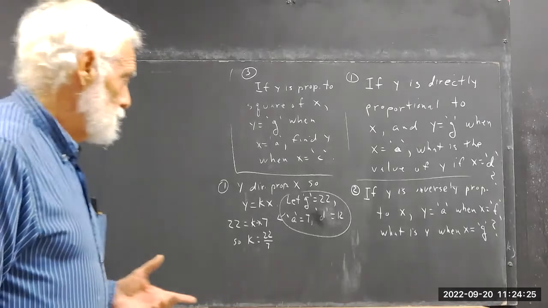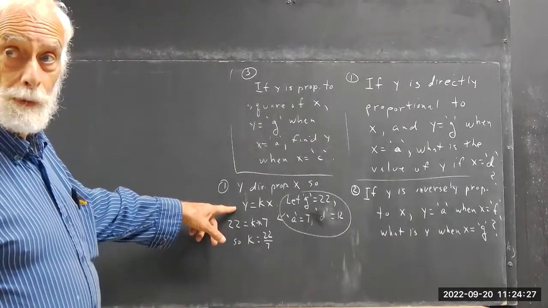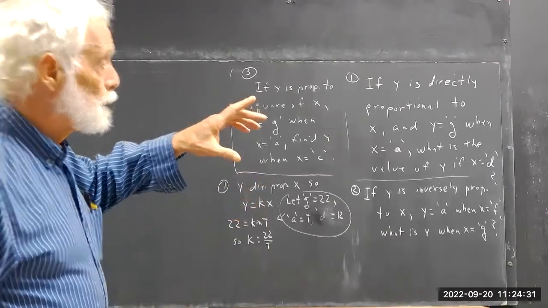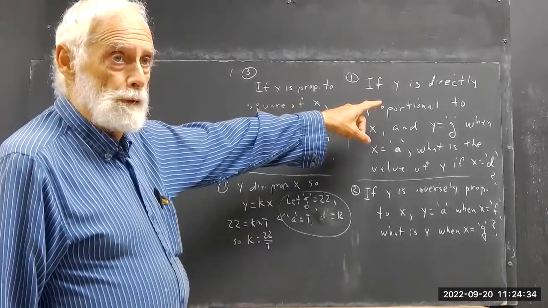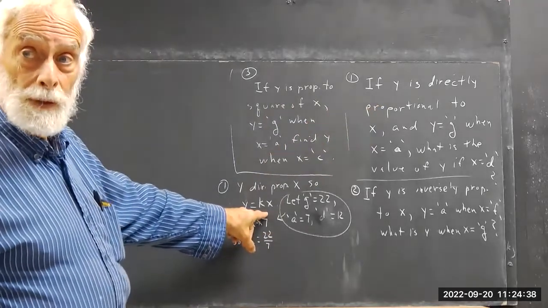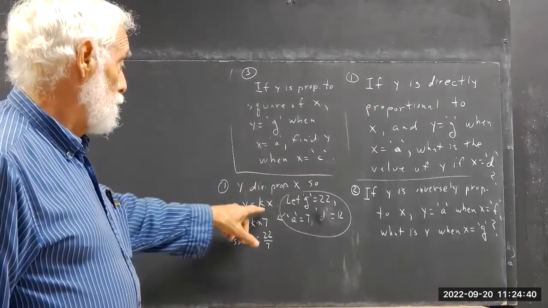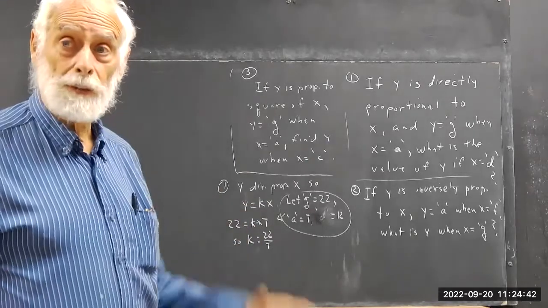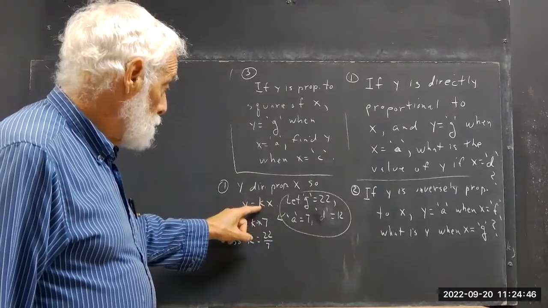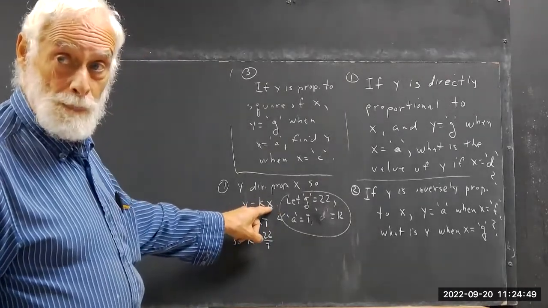Now, let me skip this step where you wrote out what the proportionality is. You want to be able to interpret the statement directly into an equation rather than skipping to the idea that k is going to be y divided by x. That's not as intuitive as k, y is directly proportional to x, okay?